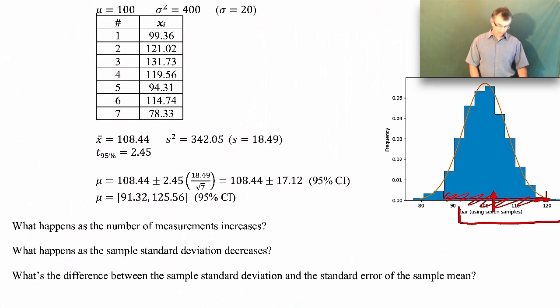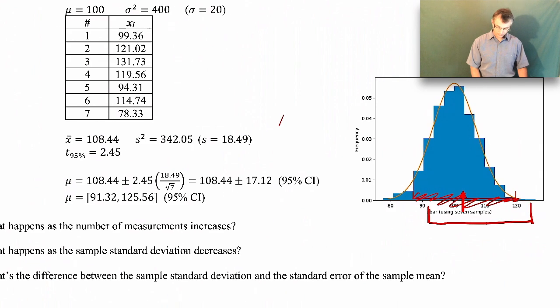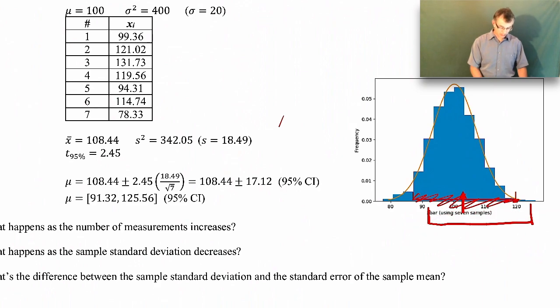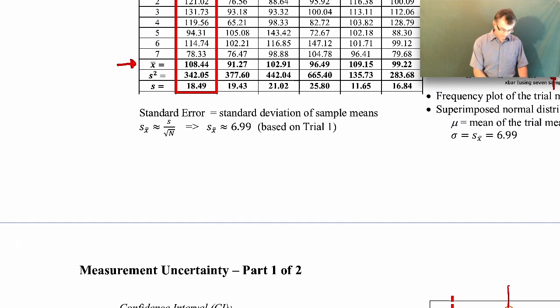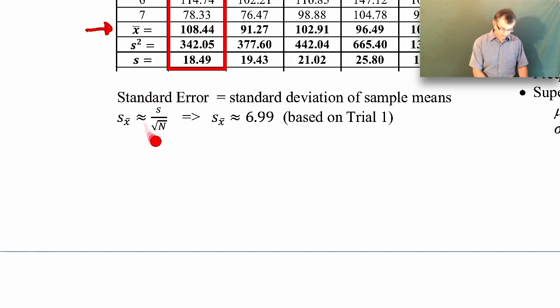First of all, what happens as the number of measurements increases? Well, it turns out that our range here will get smaller and smaller. Remember that the standard error, let me go back to that. If we increase the number of measurements, that means the n increases, and then our standard error gets smaller and smaller. We will know the true mean value more accurately.